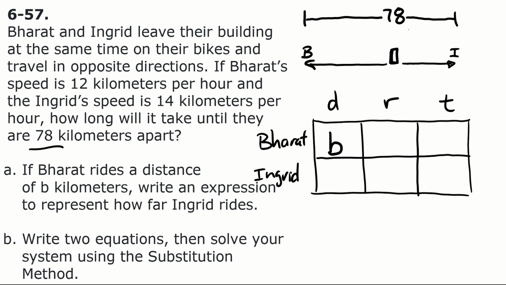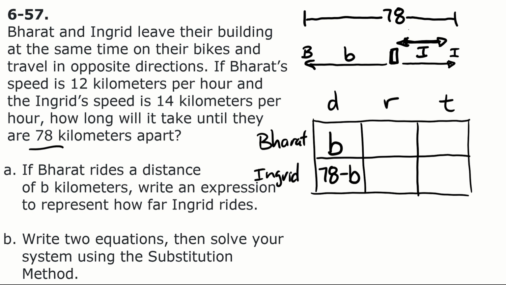So if Bharat traveled b of those, that means that Ingrid would have to travel the rest. In other words, she would have to travel the 78 minus what Bharat traveled. So the total distance, 78, minus what Bharat traveled, is exactly the distance that Ingrid has to travel.